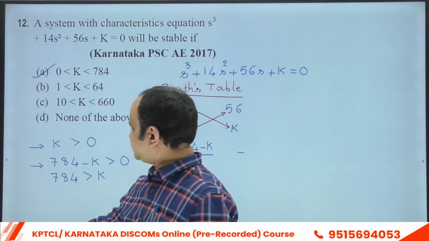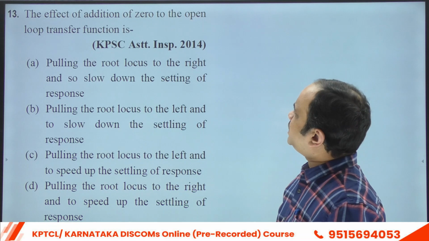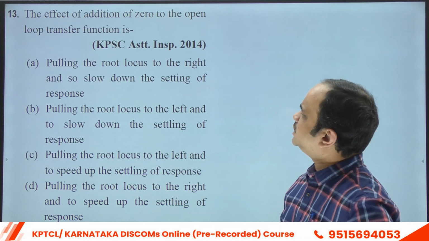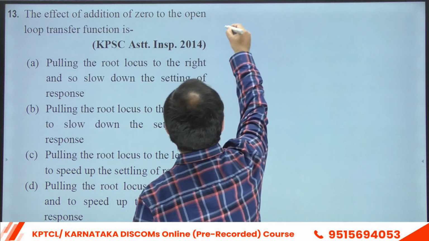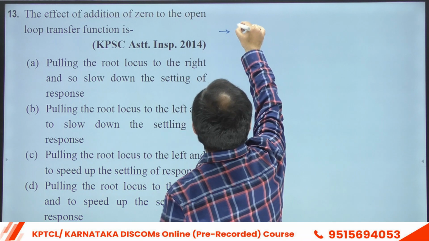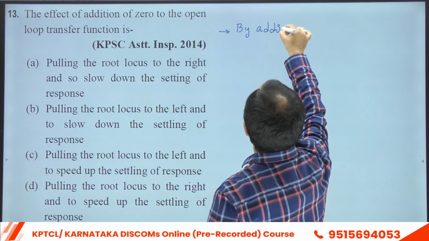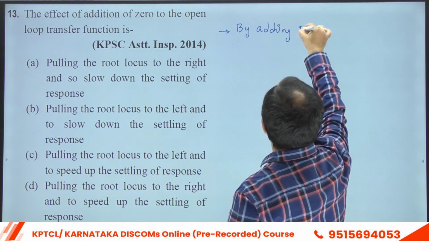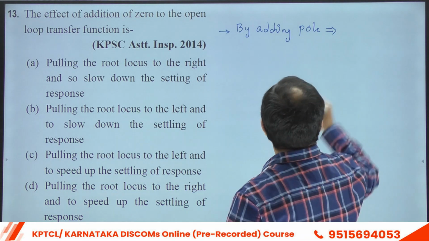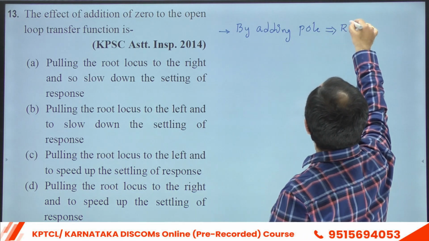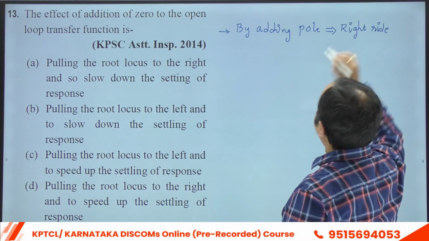Okay. Next question. The effect of addition of 0 to the open loop transfer function is. Now, always remember these two statements. By adding a pole, the root locus diagram will shift towards the right side.